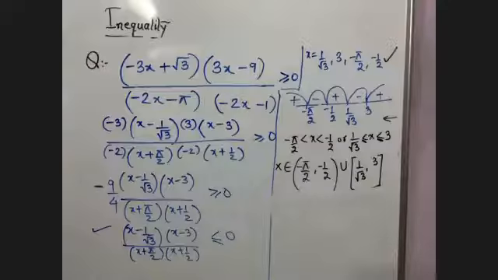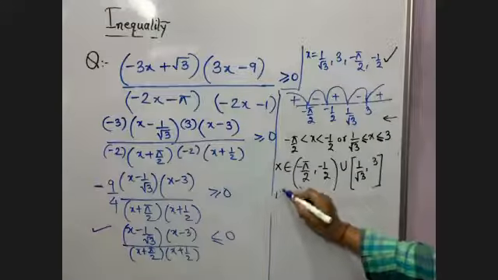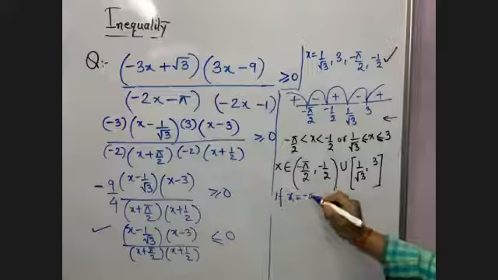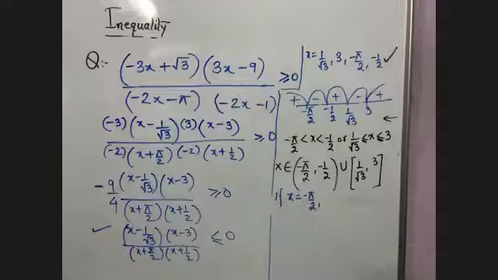Sanjay Singh sir, why are -π/2 and -1/2 excluded? Okay, beta, let me tell you. Look at this, I'm writing why they are excluded. If x is equal to -π/2, then -π/2 plus π/2 will be 0.